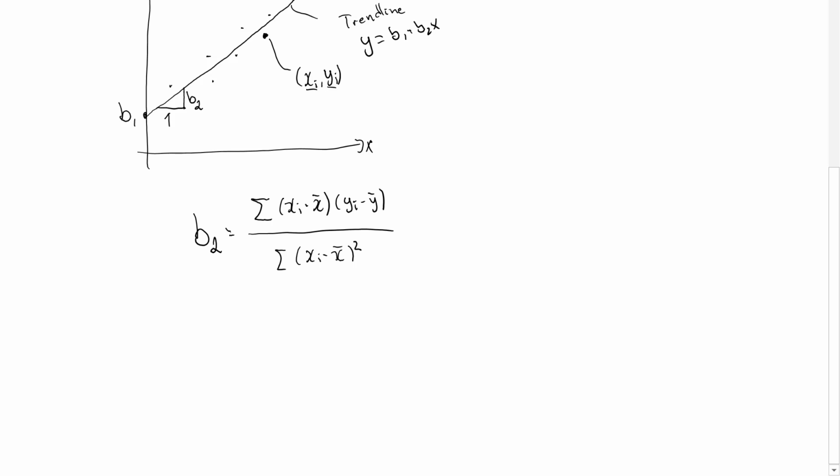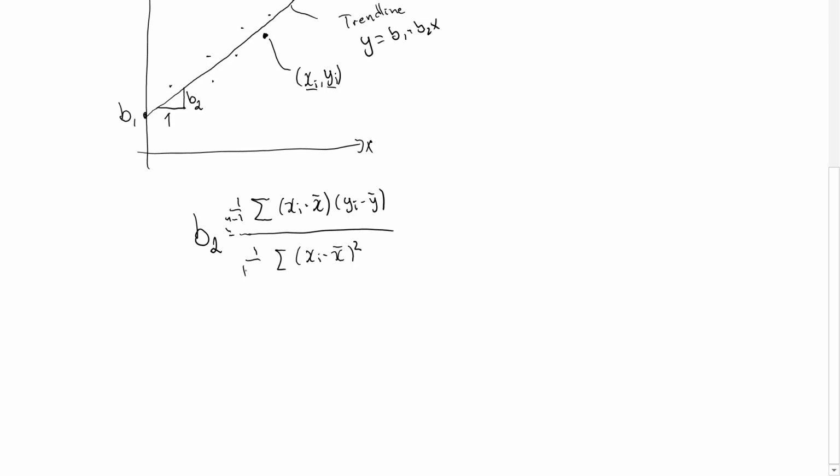So knowing about sample moments, the sum in the numerator looks pretty much like the sample covariance between x and y, and the sum in the denominator looks pretty much like the sample variance of x. The only thing that's missing is the 1 over n minus 1. But we can of course add that as long as we add it to both sides.